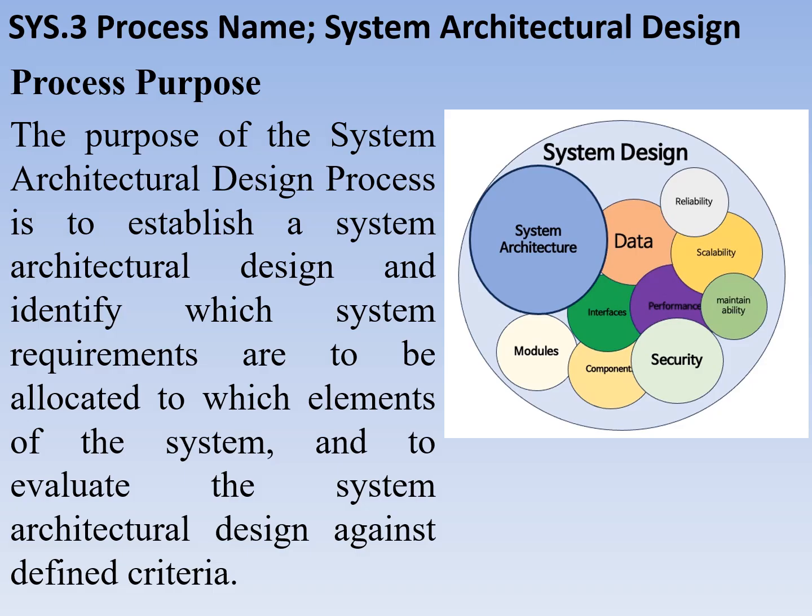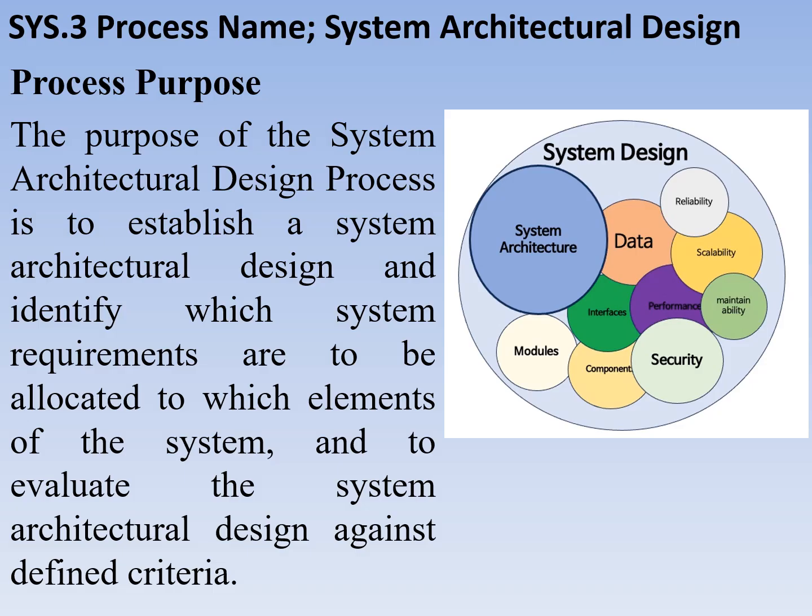The purpose of the system architectural design process is to establish a system architectural design and identify which system requirements are to be allocated to which elements of the system and to evaluate the system architectural design against defined criteria. Let me read it once again very carefully.